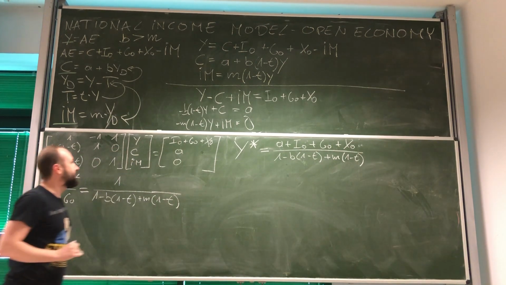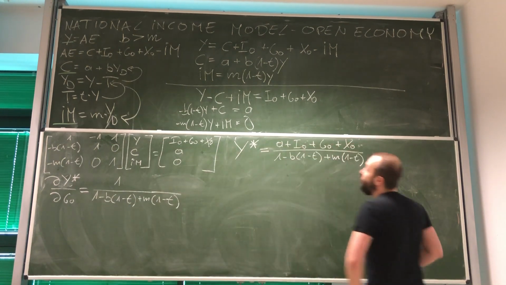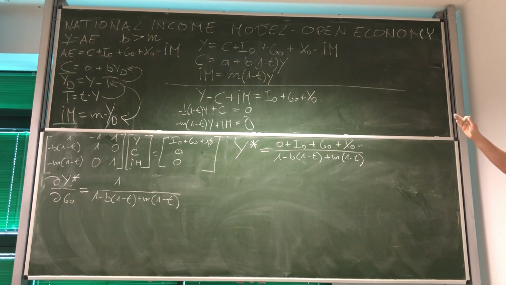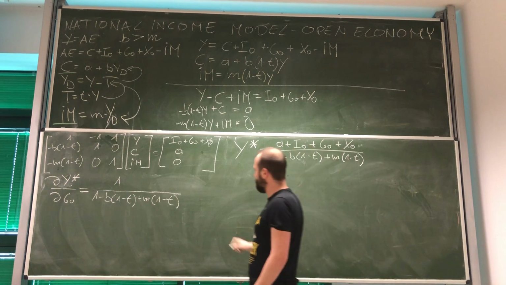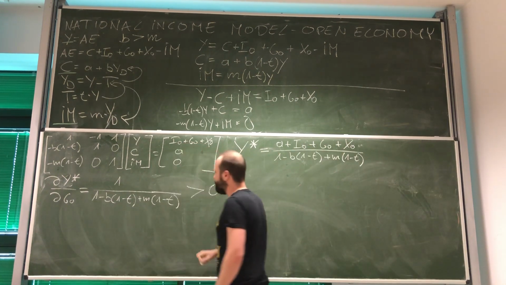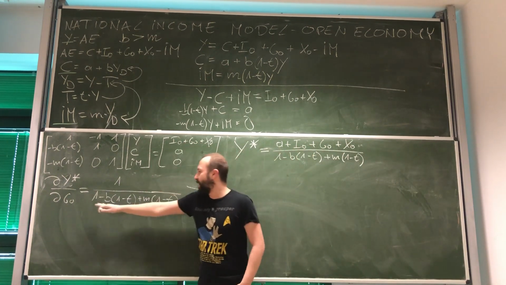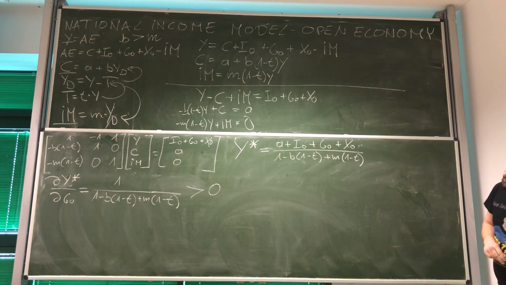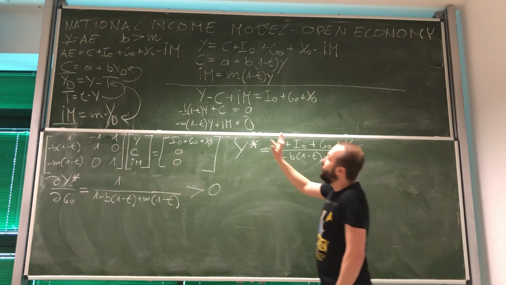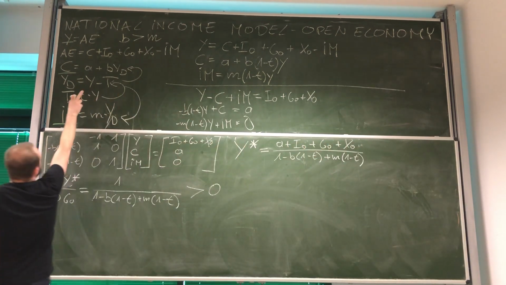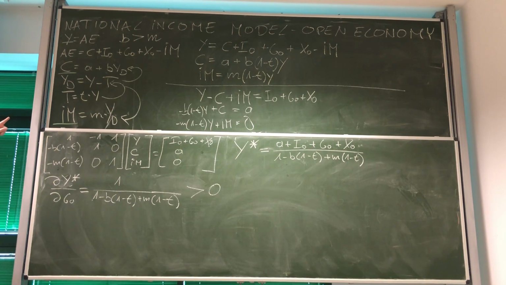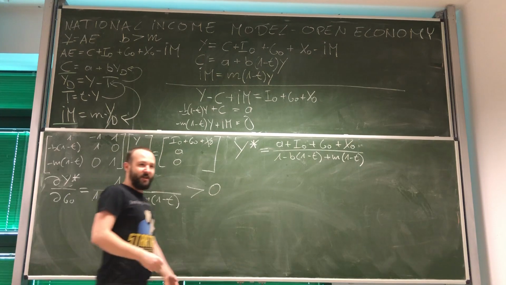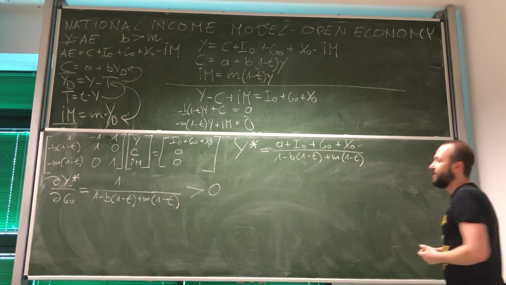Okay, what can we say about this expression? Well, we clearly can say that this expression is positive. We've actually shown that the bottom is positive. And now this is why I wanted to show you that the key assumption over here is that B is bigger than M. So marginal propensity to consume is bigger than marginal propensity to import.